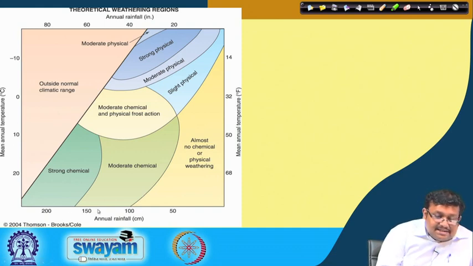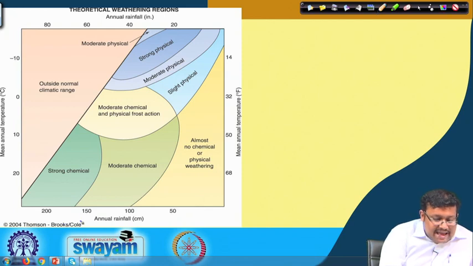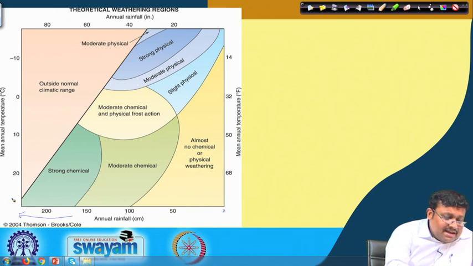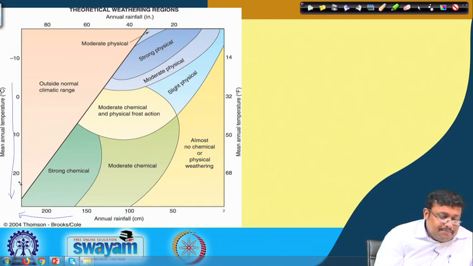Now, in the x axis you can see this is the annual rainfall. It starts from 0, then goes to 50, 100, 150 and so on in this direction. And in the y axis there is the mean annual temperature from -10 to 0 to 10 to 20.